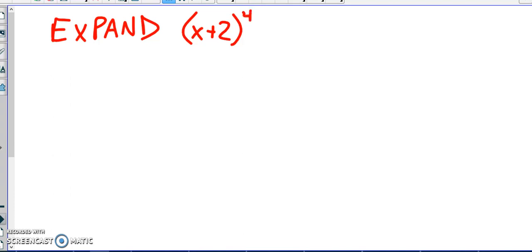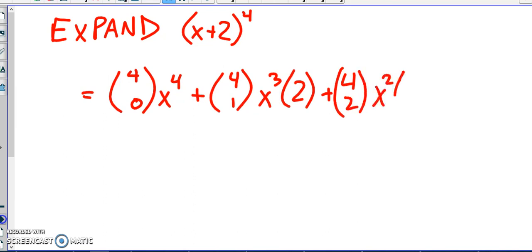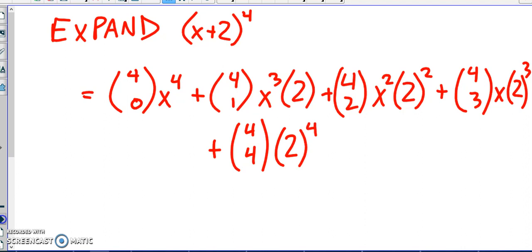Well, first off, I know that that is equal to 4 choose 0 times x to the 4th plus 4 choose 1 of x cubed times 2 to the 1st plus 4 choose 2 x squared times 2 squared plus 4 choose 3 x times 2 cubed plus 4 choose 4 times 2 to the 4th.